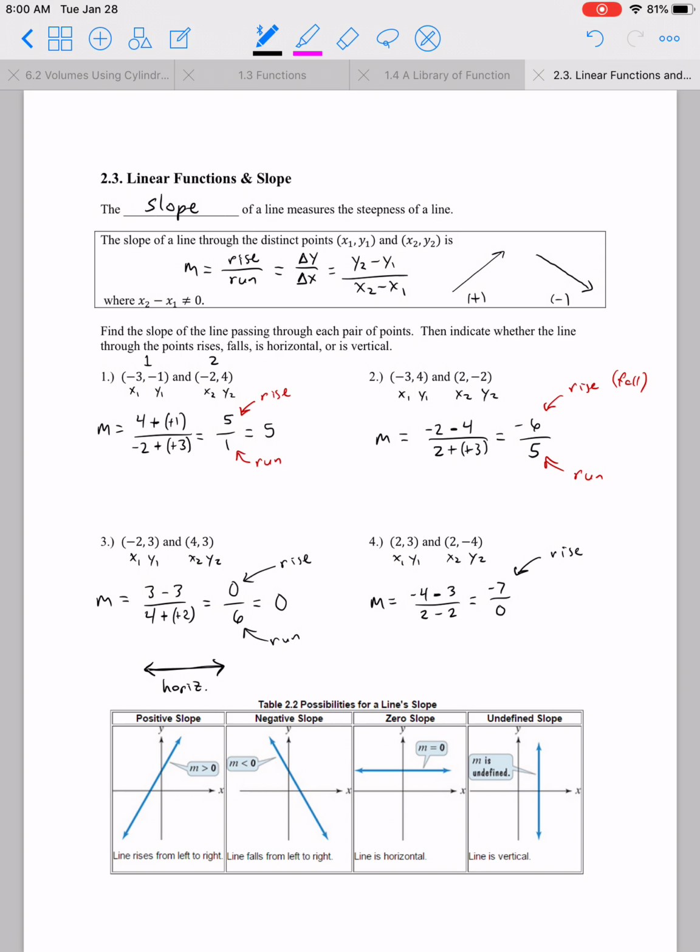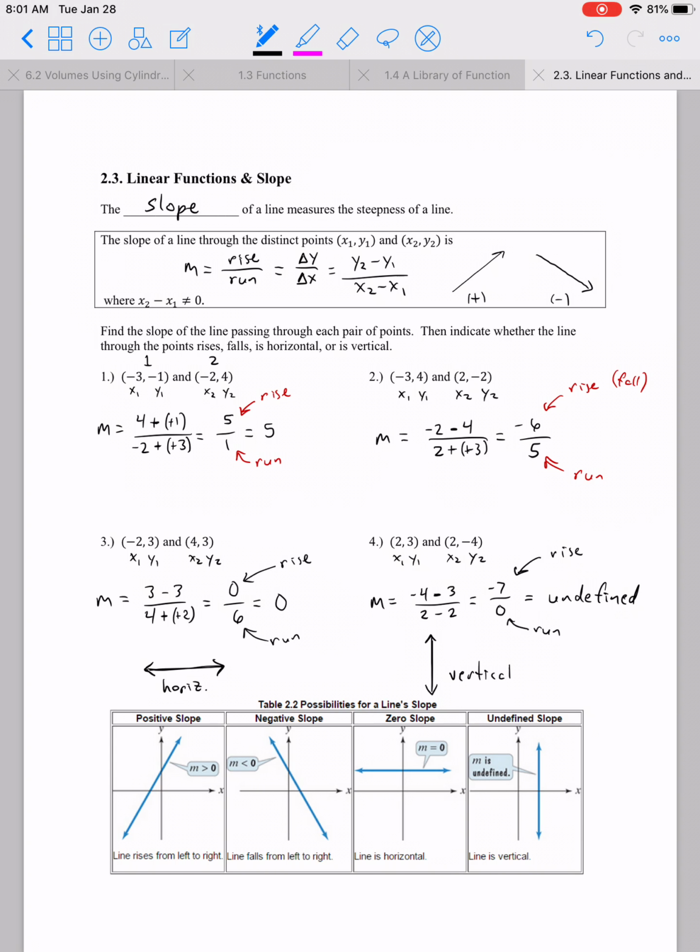We're going down. But then we have no run at all. We're not moving in the x direction at all. That means this is a vertical line. We're only moving in that y direction. We only have a rise. We don't have a run. But this is vertical. And since we can't divide by 0, that makes this slope undefined.